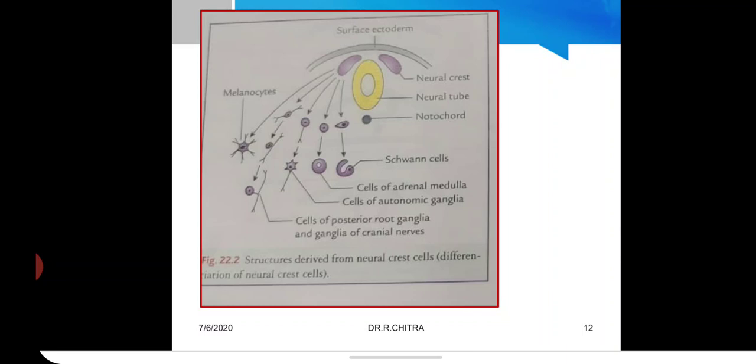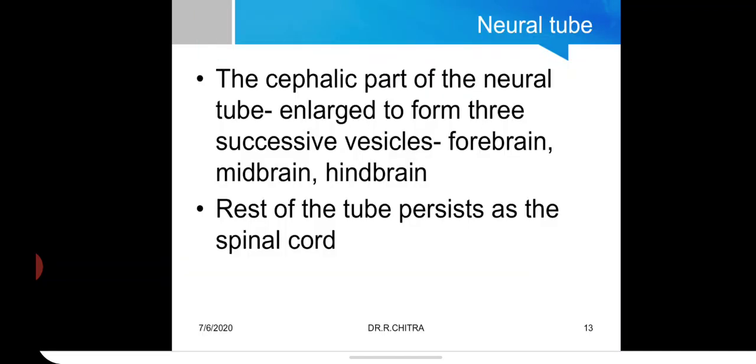In other words, the central nervous system develops mainly from the neural tube, and the peripheral nervous system partly from the neural tube and partly from the neural crest cells. The central nervous system develops entirely from the neural tube. The cephalic part of the neural tube is enlarged to form three successive vesicles, forebrain, midbrain and hindbrain, and the rest of the tube persists as the spinal cord.